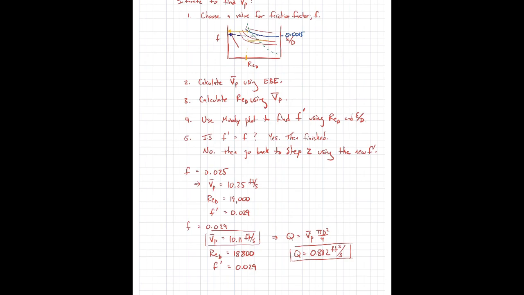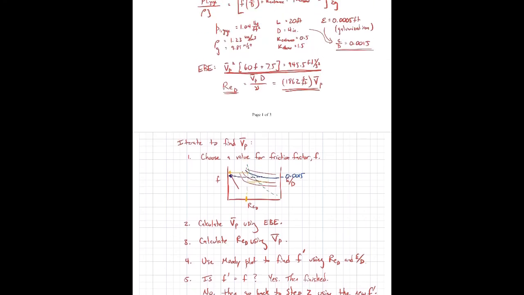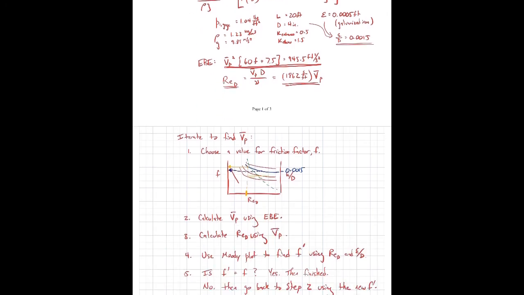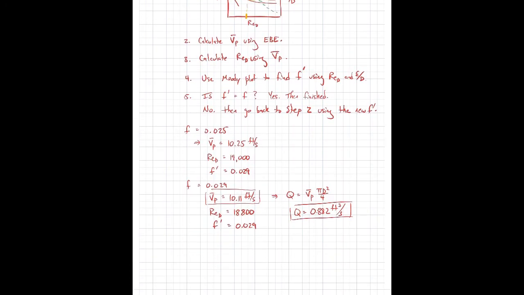One other thing I forgot to do here, or at least forgot to mention, is recall up here I assumed that the flow in the pipe at the exit was going to be turbulent. I should just verify that that assumption is correct. And if you'll notice back down here, when I calculated the Reynolds number for my final state, I'm at almost 19,000.